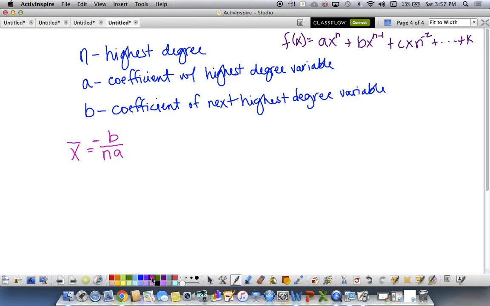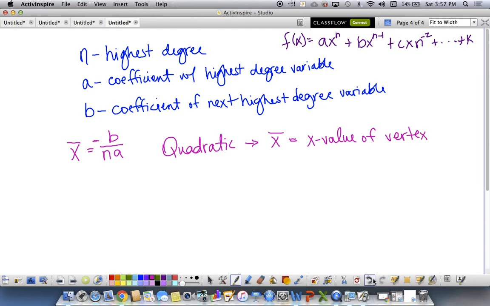Okay, in Algebra 2. So for a quadratic, it's a squared, okay? For a squared, this value will simply be the x value, x bar is equal to the x value of the vertex.